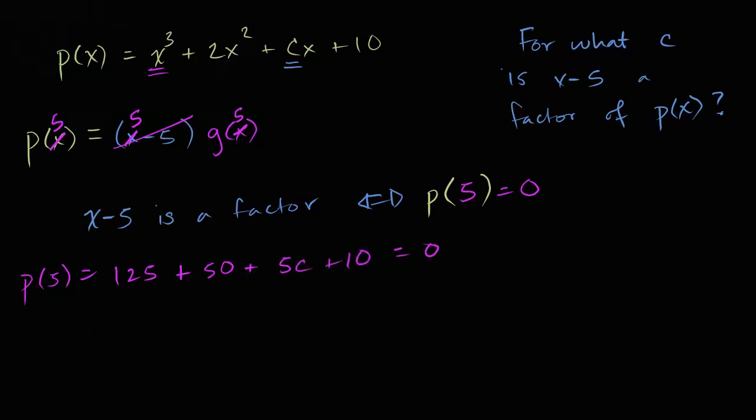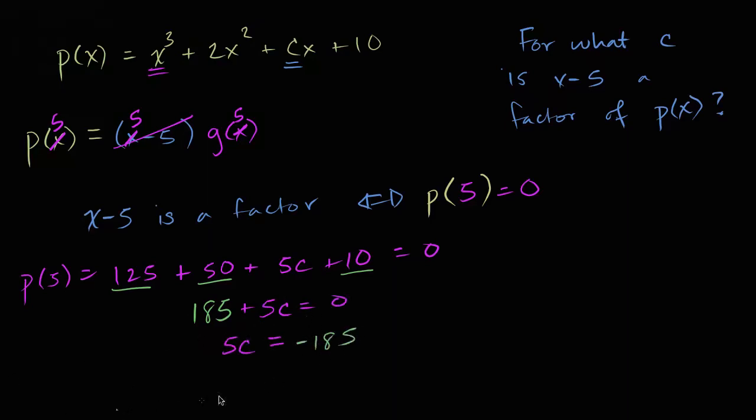If we add 125, 50, and 10, we get 185. So we get 185 plus 5c is equal to 0. Subtract 185 from both sides. You get 5c is equal to negative 185.